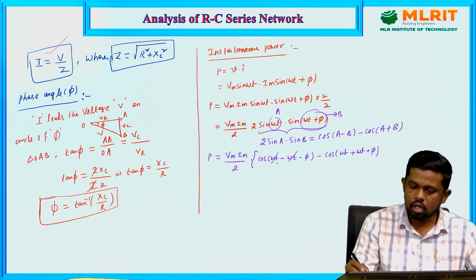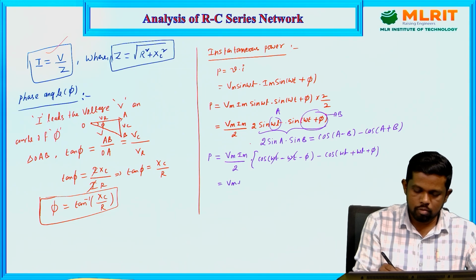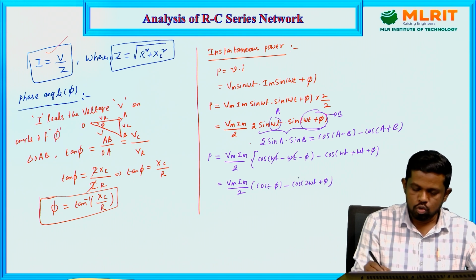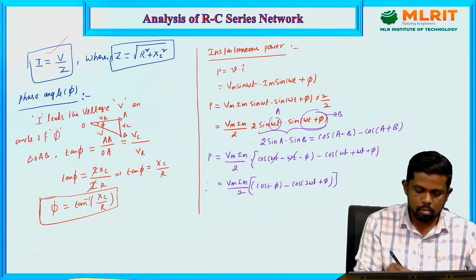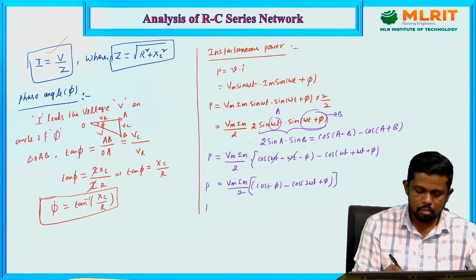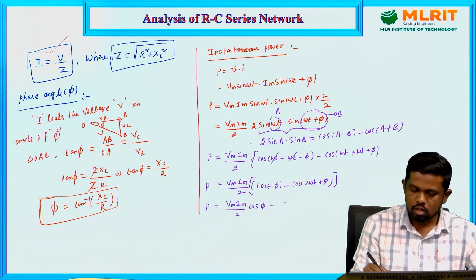Here both get cancelled, so Vm Im by 2, we get cos of minus phi. Cos of minus phi is cos phi only. Then cos of 2 omega t plus phi. This is the resultant term we get based on the mathematics. So overall the instantaneous power taken by the RC series circuit is Vm Im by 2 cos phi minus Vm Im by 2 cos of 2 omega t plus phi.